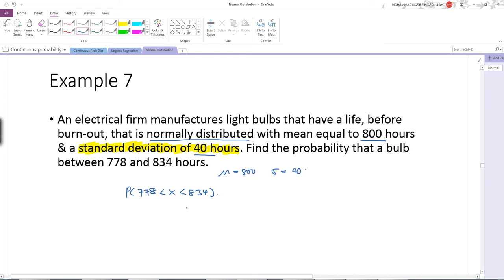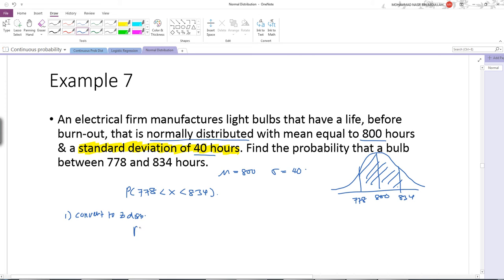So then we need to find the probability between 778 and 834. So this is the area that we want to find, right? The mean is equal to 800. 778 is on the left and 834 is on the right. So the second step is to convert to the Z distribution.